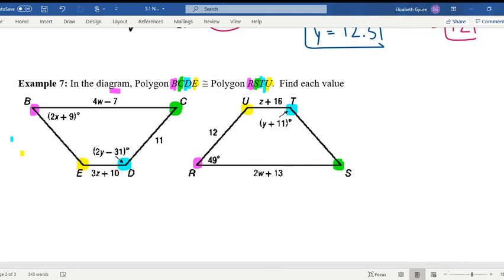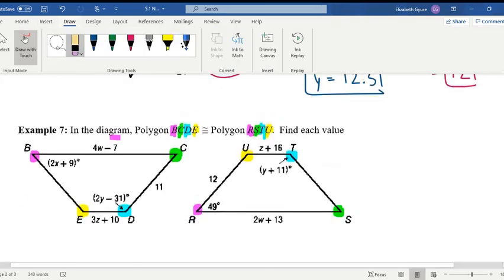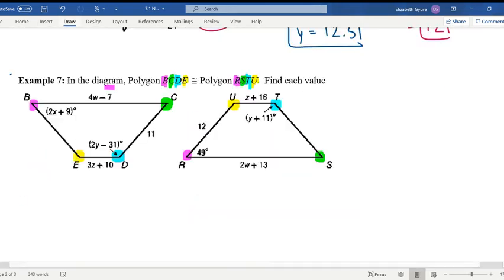It's there to help you, okay? Because it sometimes really confuses people when they see the 11 and the 12 because they assume that those go together. But once you've color coded it, can you clearly see that those don't go together? Yeah. All right, so take a second, try to figure out W, X, Y, and Z.